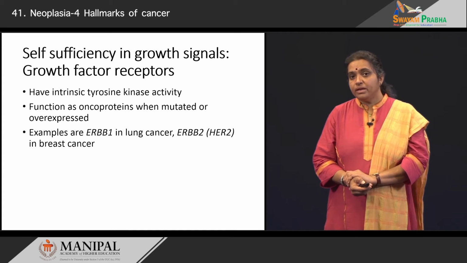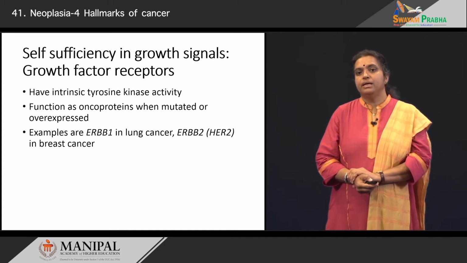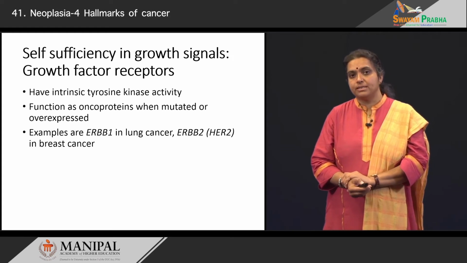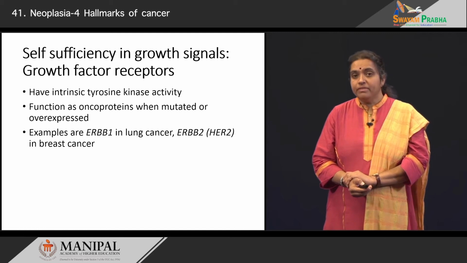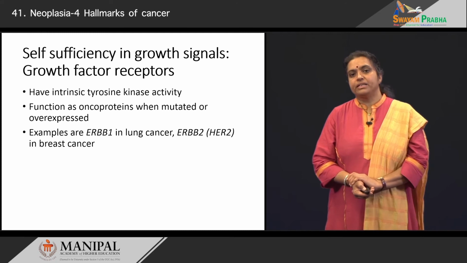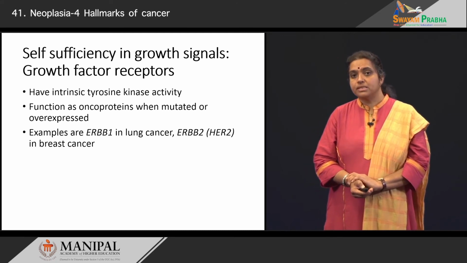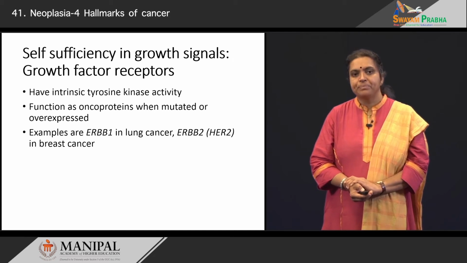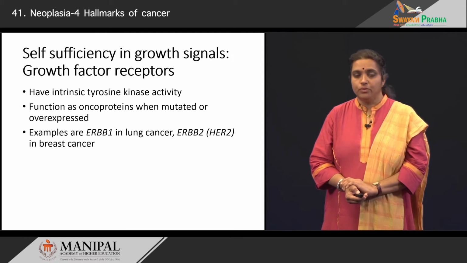So, it may need very little growth factor, even a very minute quantity will enable it to be constantly activated, or it may even do away with the growth factor and acquire the ability to self-activate. So, these are various ways in which the growth factor receptors can get activated. So, they can function as oncoproteins when mutated or overexpressed.